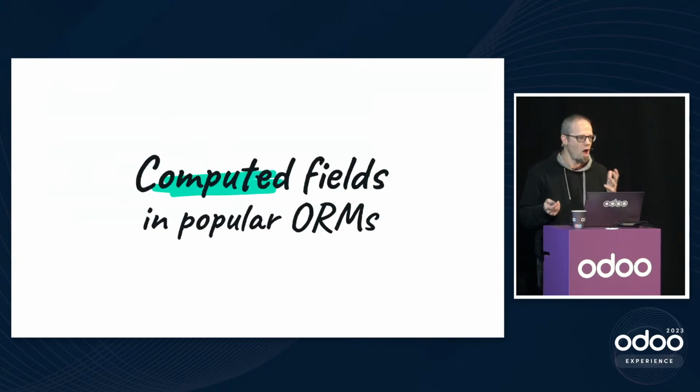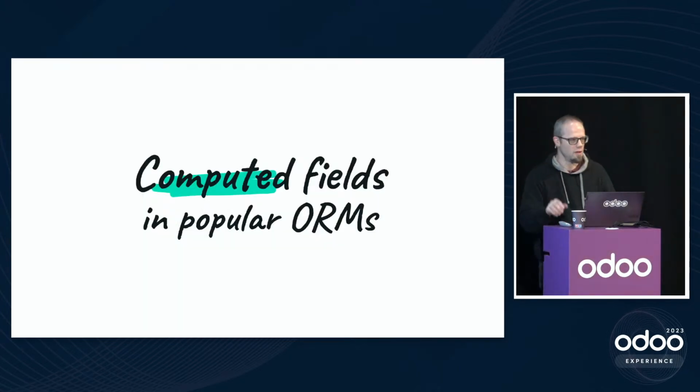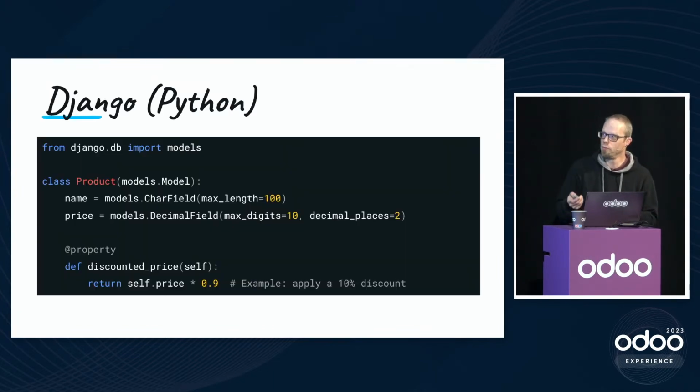So, how do computed fields look in some popular ORMs? A colleague of mine, who actually prepared most of this presentation, and I went through a bunch of other ORMs and tried to write down what a computed field looks like and what the properties of that computed field are.